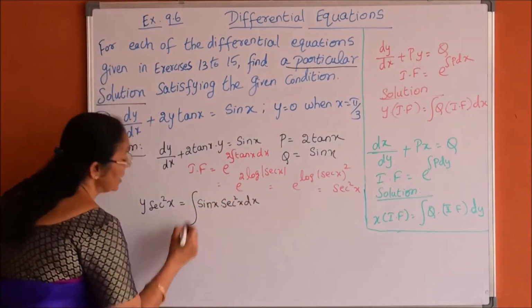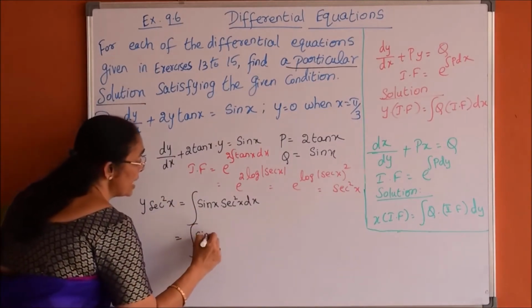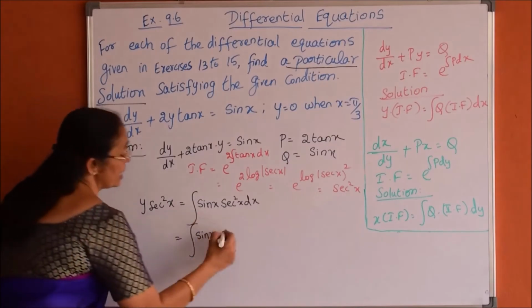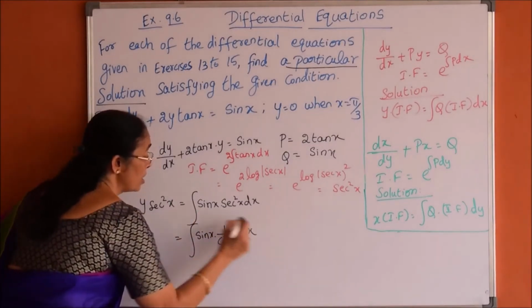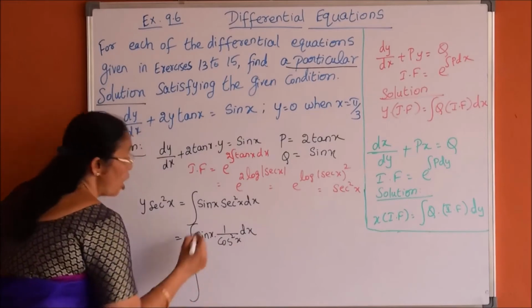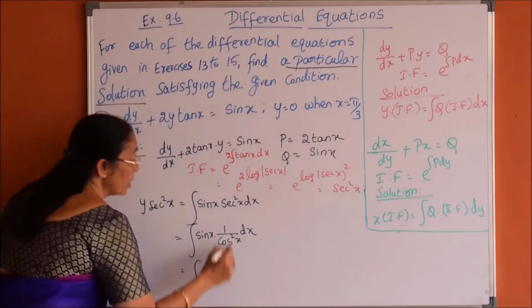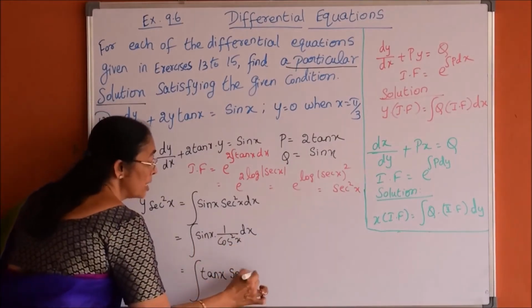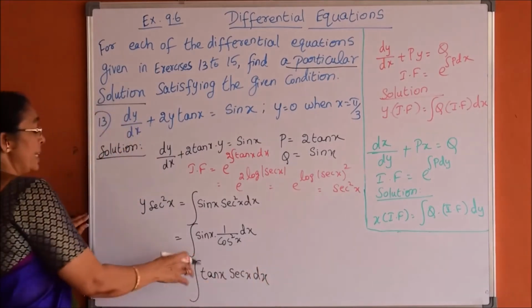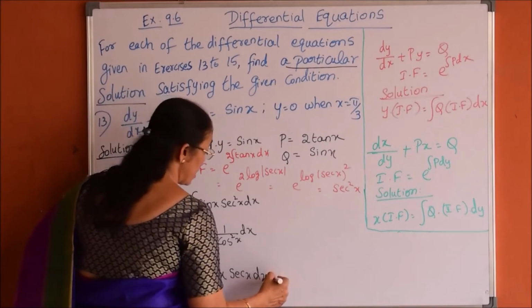Now, let us simplify the right hand side, which is the integration of sin x into secant square x, which can be written as 1 by cos square x dx. So, this is integration of sin x by cos x is tan x into 1 by cos x is secant x dx. Now, integration of tan x secant x is nothing but secant x.